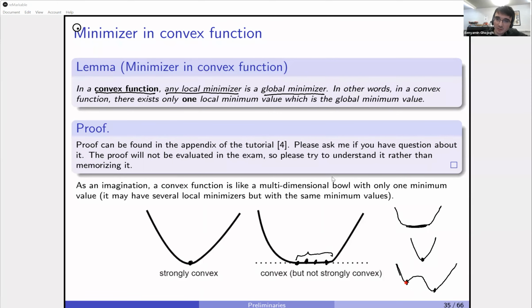If it was a convex function, all of the local minimizers would be global minimizers. And why is it important? Because when we are optimizing a convex function, whatever local minimizer we find, we know that it's the global solution. We don't need to search further because if we find one of the local minimizers, that's it. We have found the minimum of the function, right?